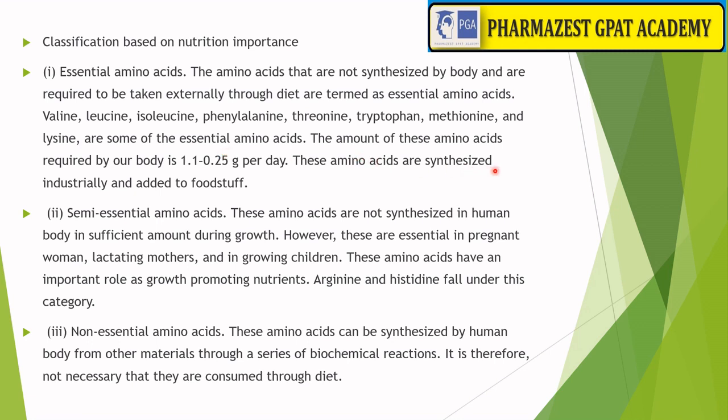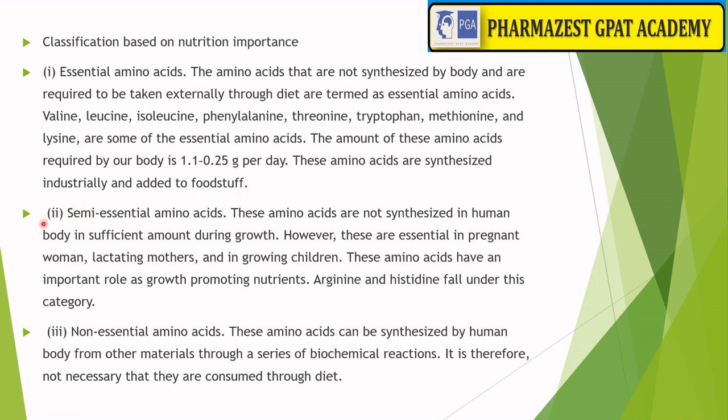These amino acids are synthesized industrially and added to the foodstuff. As these are taken from external sources, they are prepared by various industries and supplied as foodstuff.